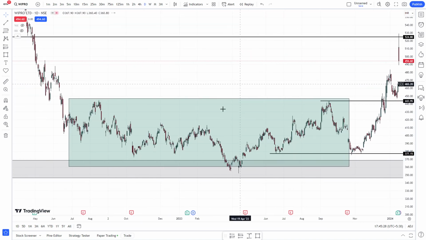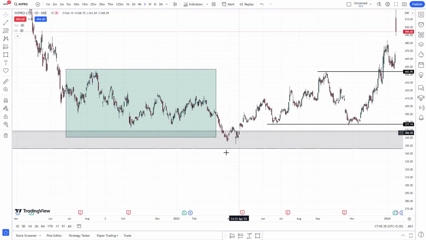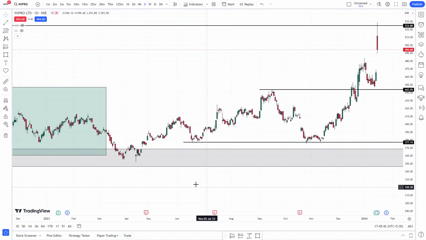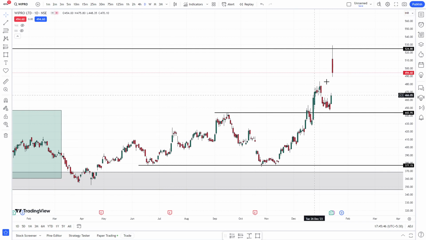But as soon as a shark entered somewhere here, I will show you how I am saying that a shark entered at this place. I will teach you this thing as well. But as soon as a shark entered here, price broke this range afterwards. It's out now. Now I started making big green candles.